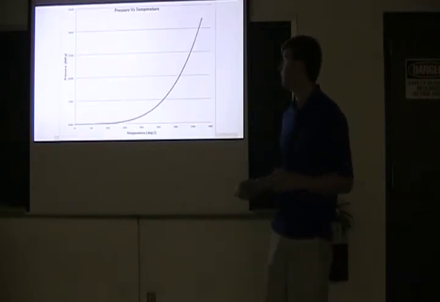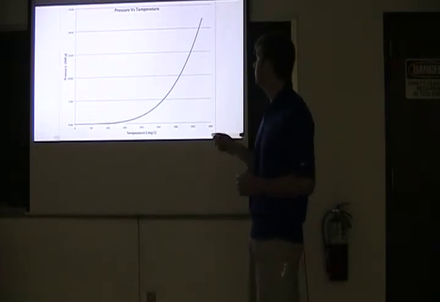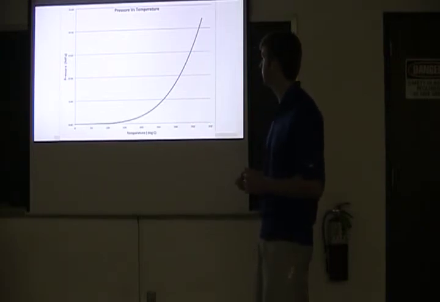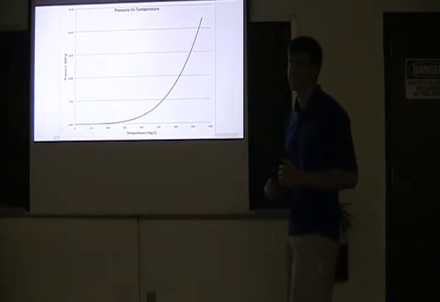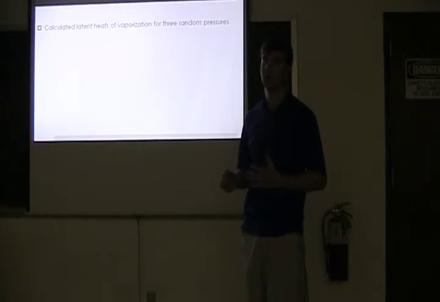This is a plot of the pressure versus temperature. I used the values in the back of the thermo book to create this chart. For the calculations, I had to tabulate the latent heat of vaporization for 3 random pressures.